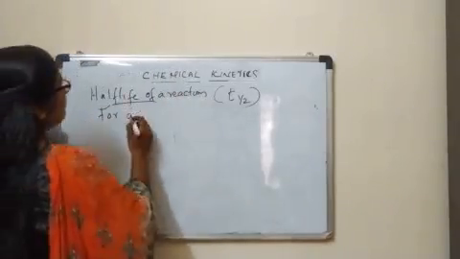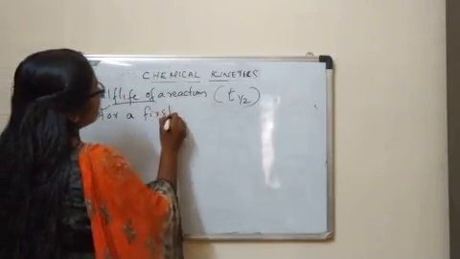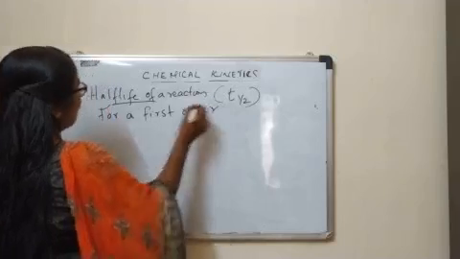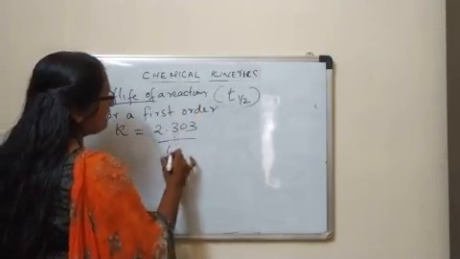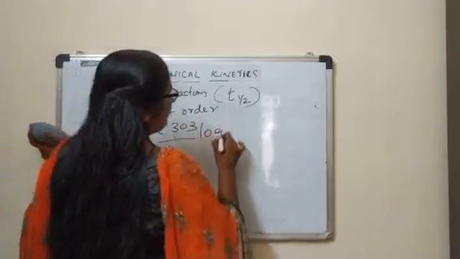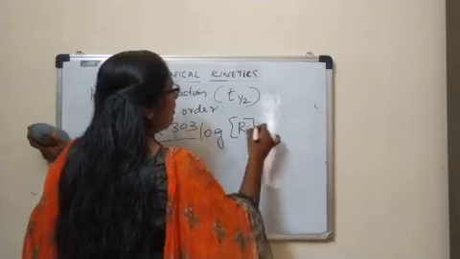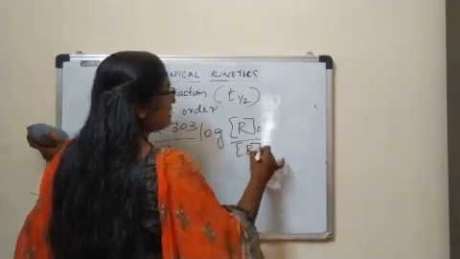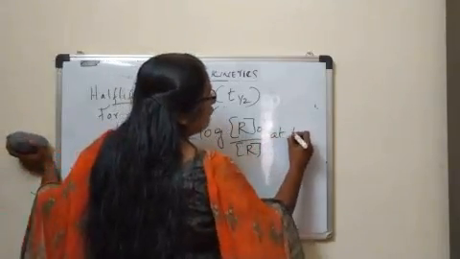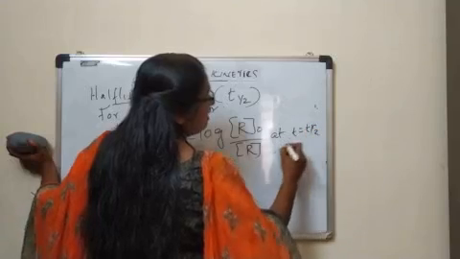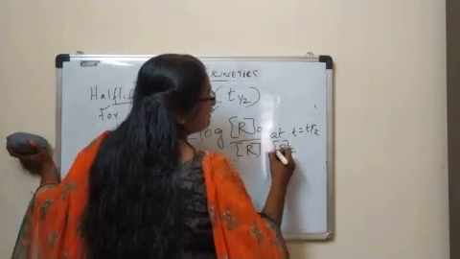For a first order reaction, we know the equation k is equal to 2.303 by t log R0 by R, where R0 is the initial concentration and R is the concentration at time t. We know that at t equal to t half, R is equal to R0 by 2.